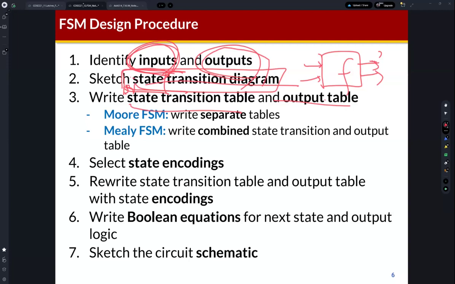In the FSM, we also need to build combinational logic that determines the next states and output signals.